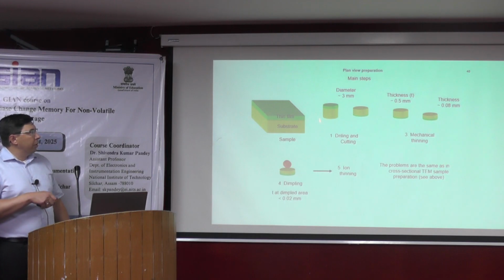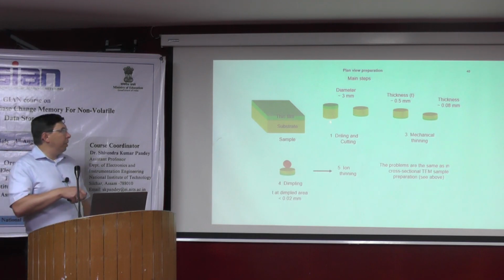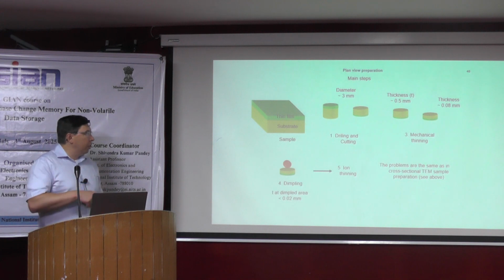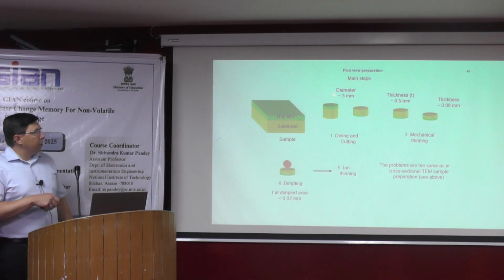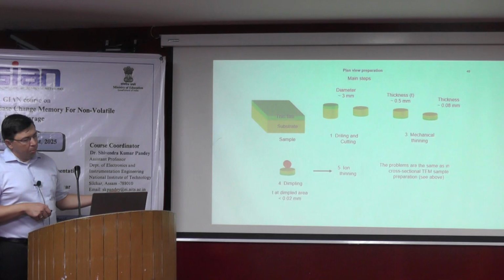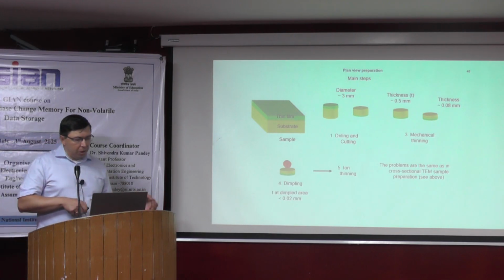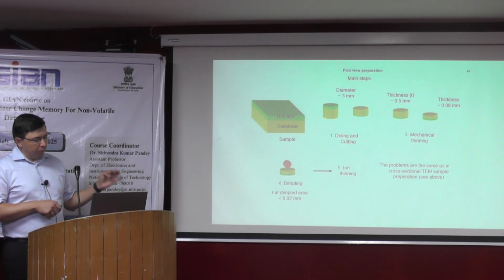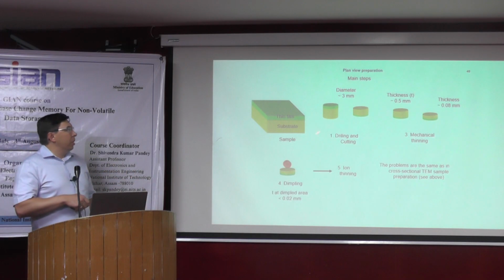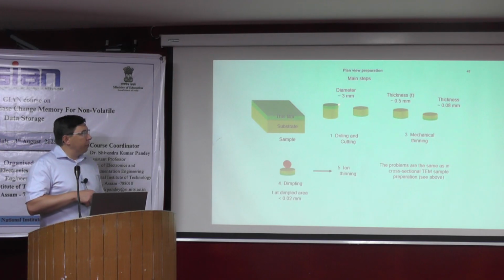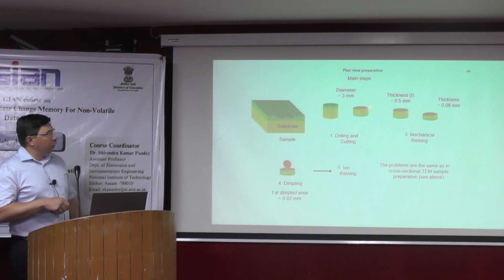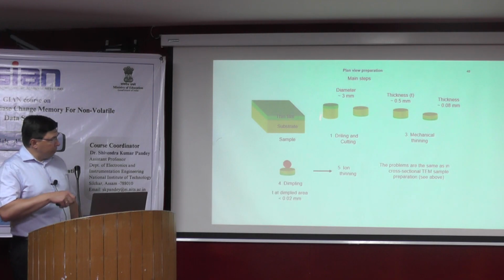Here, this is like a block. Here's your thin film and your substrate. This has a diameter of 3 millimeters because it's given by the size of the specimen holder where your specimen will be inserted. So then afterwards you polish your system from the substrate side.